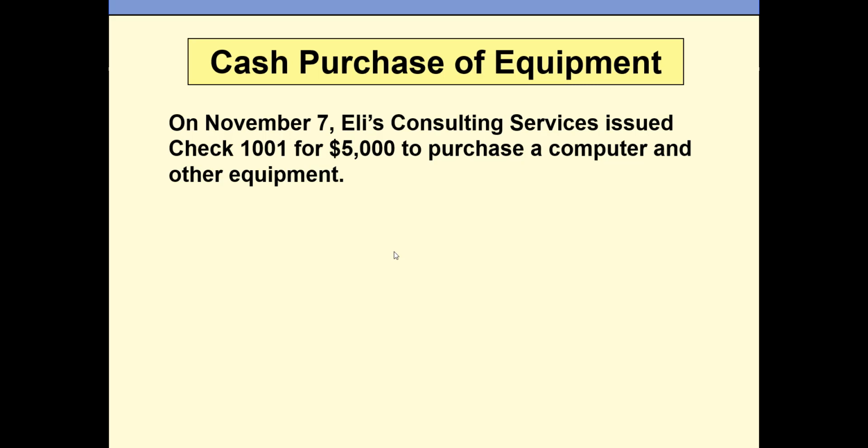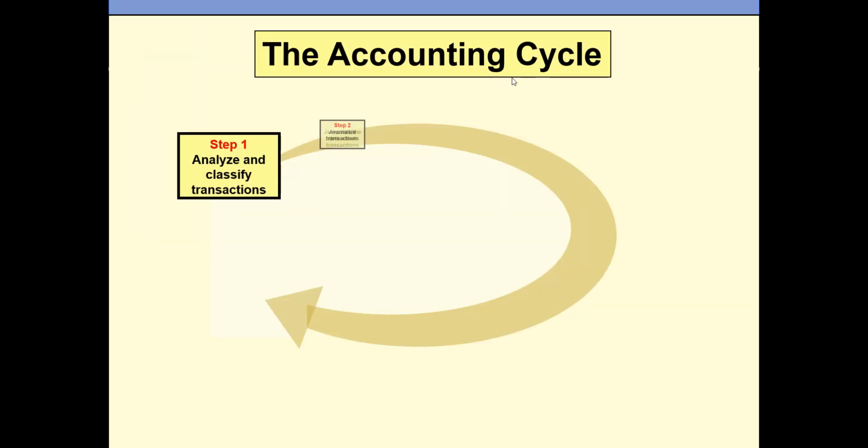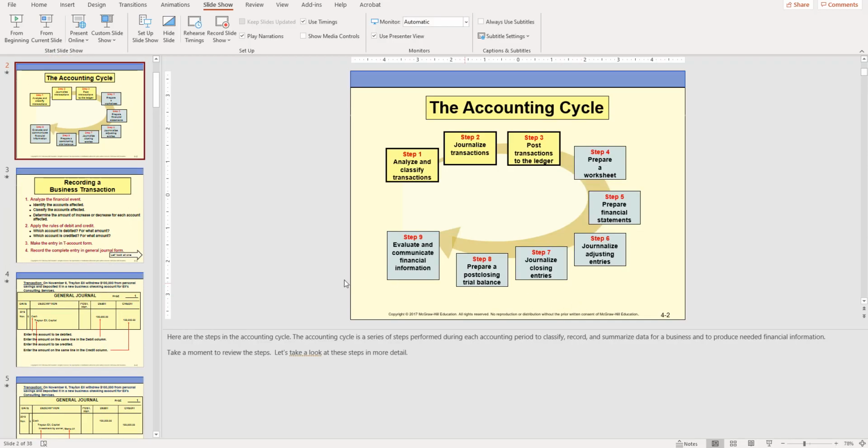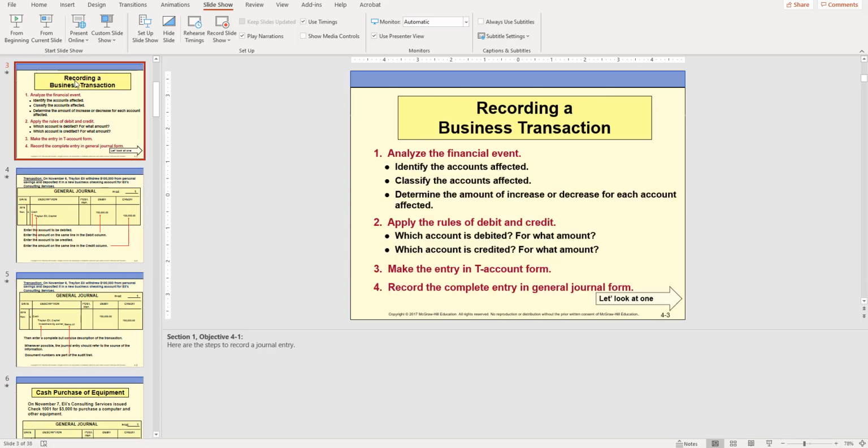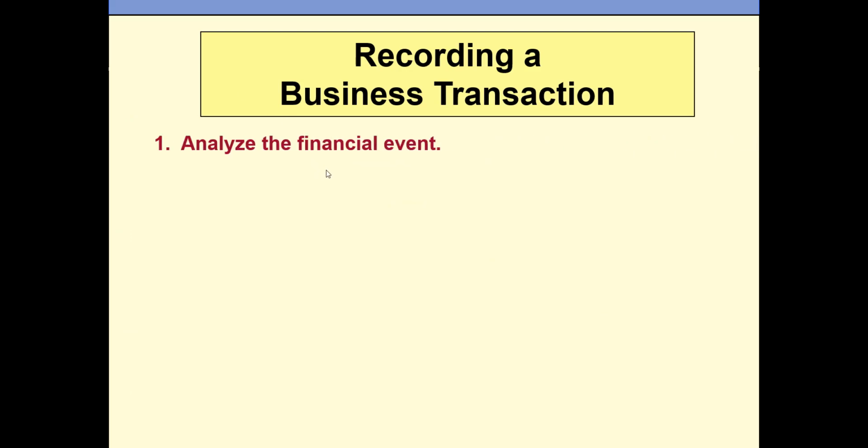So in this case, we have cash and equipment. Now we are paying out a check, so a check means cash is going down. I'm going to move back over to our slide. We identified the accounts.